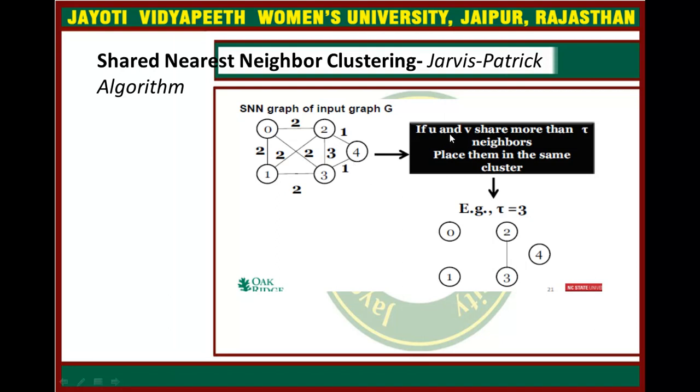If U and V share more than the threshold number, place them in the same cluster. For example, this equals 3, so 0 to 2 and 1 to 3, so maximum is 3, means 2 to 3 share more neighbors as compared to the rest.